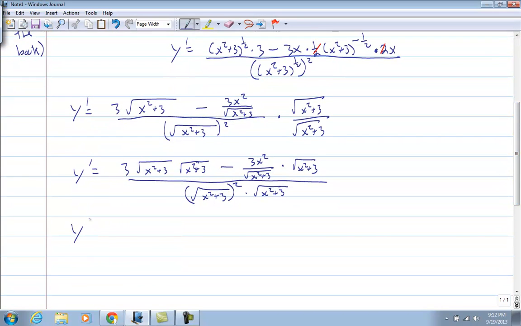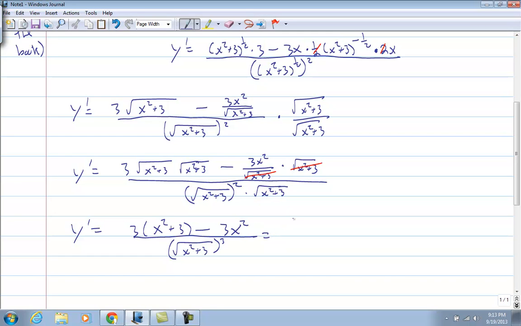So our y prime is going to be what? What will reduce out? This reduces here. That was our whole plan. And we have 3 times, now the square root of x squared plus 3 times the square root of x squared plus 3 is just x squared plus 3. And then minus that 3x squared, that's what's left there. Down below we have the square root of x squared plus 3, cubed.